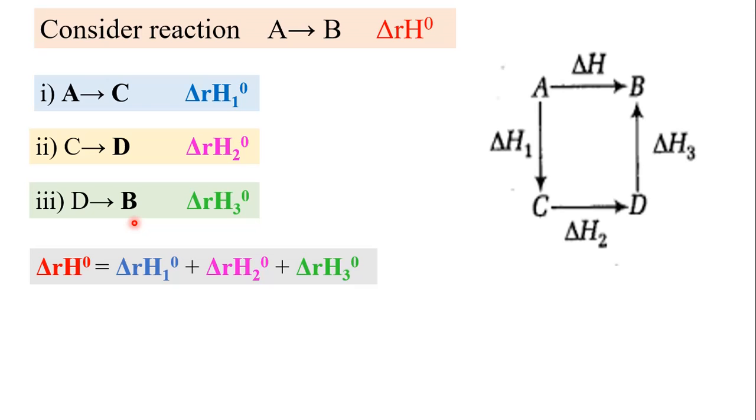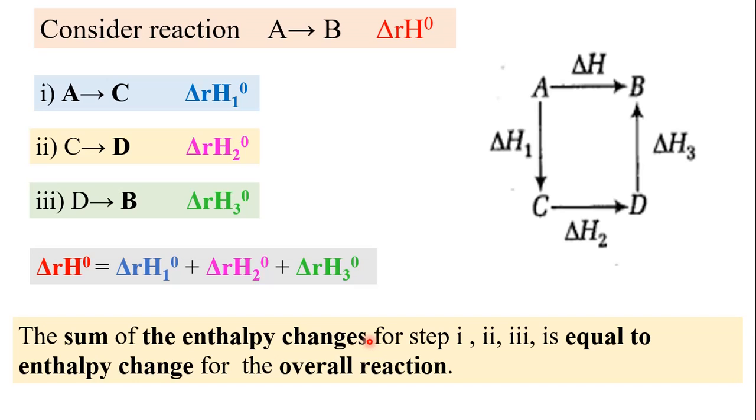So these are the three individual steps, and sum of enthalpies, that is ΔH°1 plus ΔH°2 plus ΔH°3, is equal to ΔH°R, that is overall enthalpy change during the conversion of A to B. So that is nothing but the statement of Hess law. So sum of the enthalpy changes for step 1, step 2 and step 3 is equal to enthalpy change for the overall reaction.